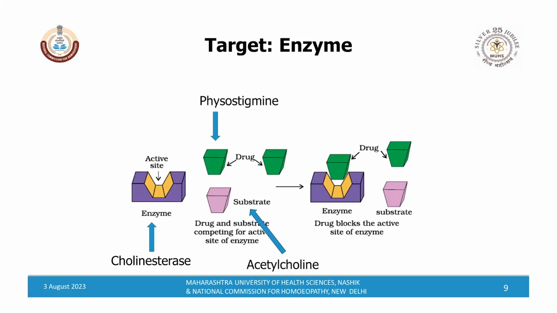In the next few slides, I would be talking about action of the drug by attaching to a particular target. Almost all biological reactions require an enzyme as a catalyst. Thus, enzyme becomes an important target for drugs. Let us see how it works. Every enzyme has an active site where the substrate, that is a natural substance present in the body, will attach.